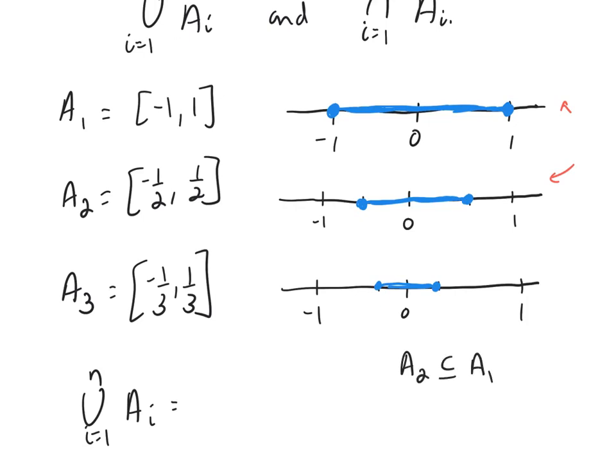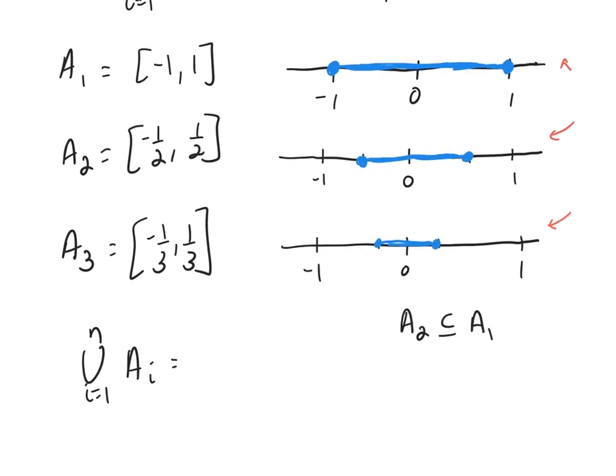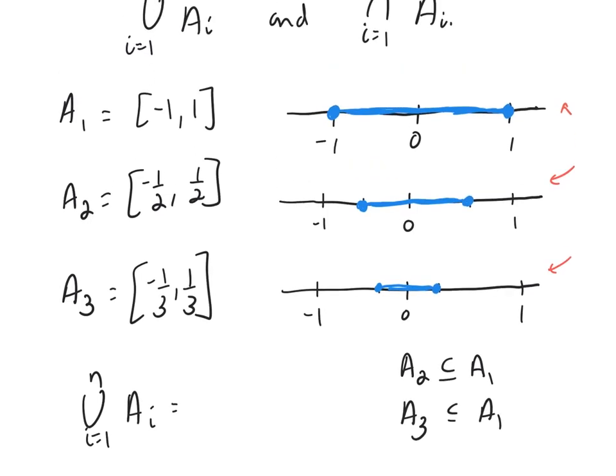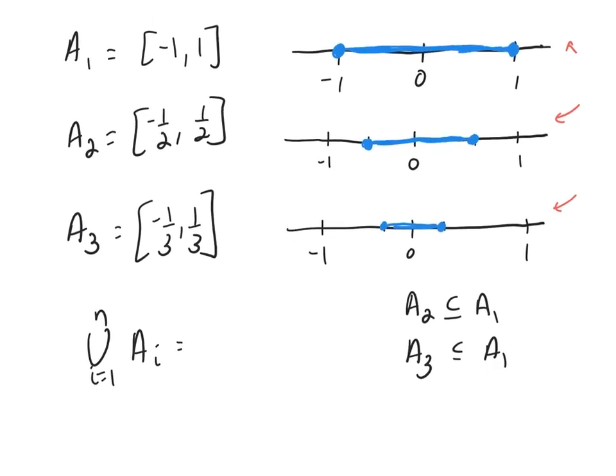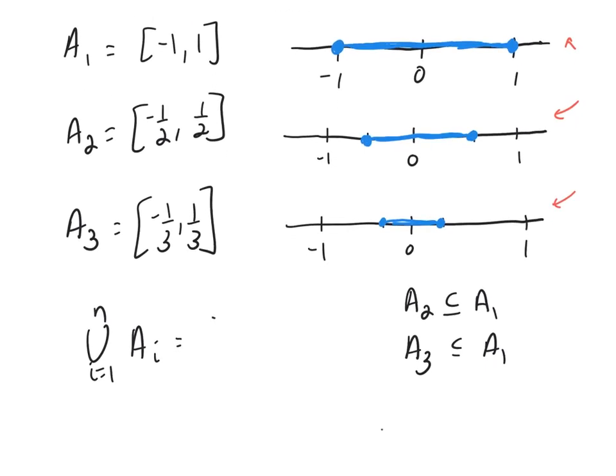And if you look at A3, the part I shaded in A3 is also contained in the picture for A1. So A3 is also contained in A1. So as I keep going down, my intervals are getting smaller, and they're all going to be contained in that first interval. So this union is going to correspond to that first interval, -1 to 1. That would be my union.